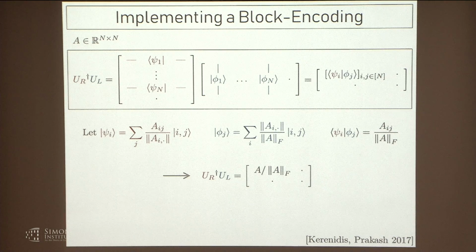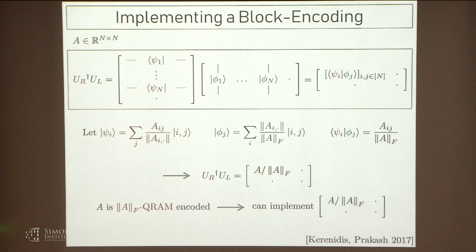So UR is just any unitary that maps i between 1 and n to this row superposition. And UL is just any unitary that maps j to this superposition. And these are superpositions that I can generate if I have my matrix A stored in the Frobenius norm QRAM encoding. And so this means that if I have A in this Frobenius norm QRAM encoding, I can implement this block encoding of A.